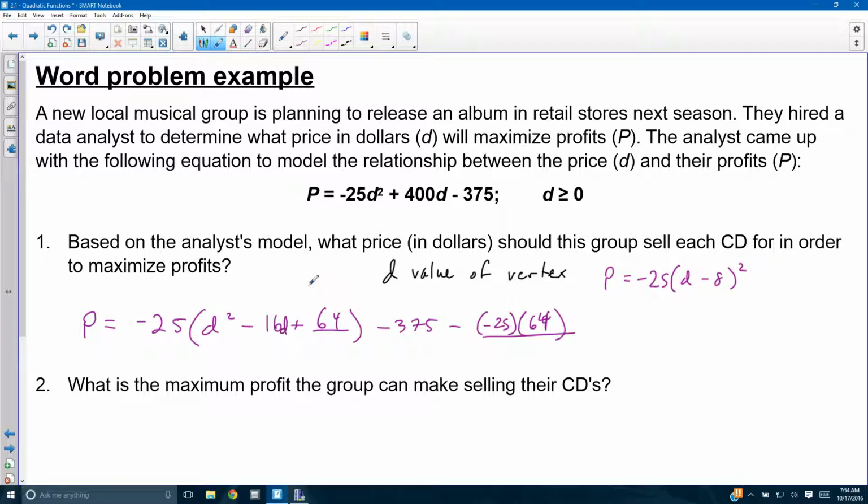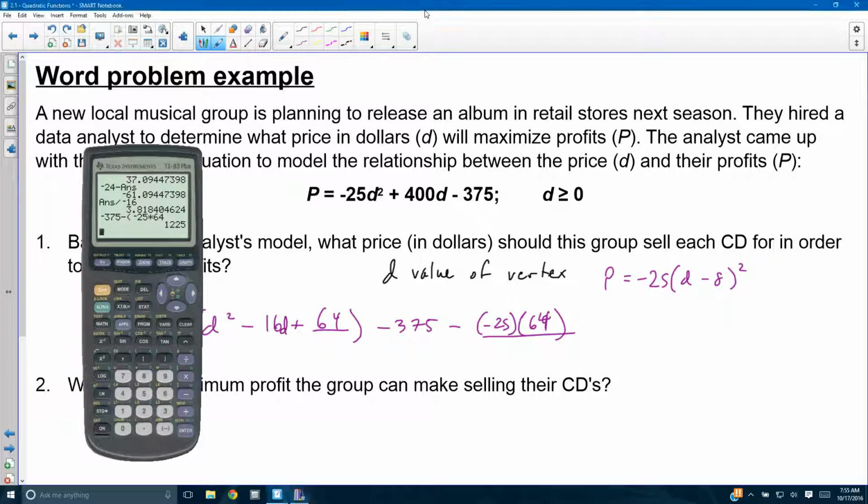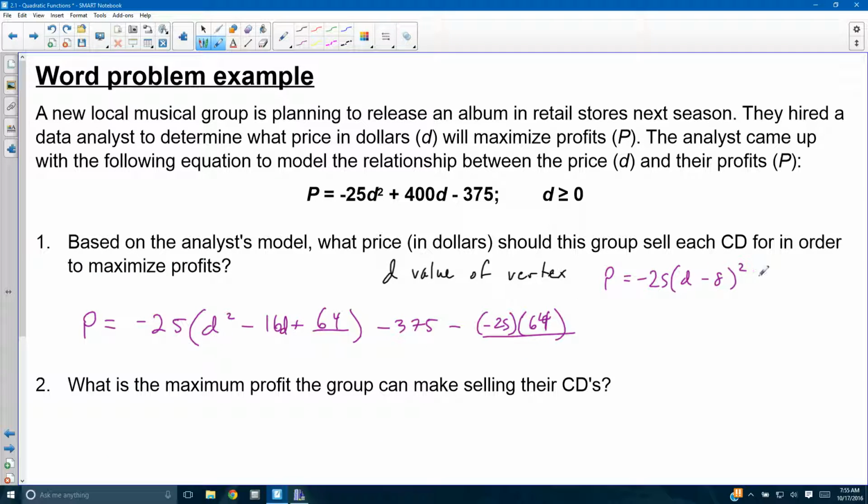Let's calculate this one out here to save some time. We get negative 375 minus negative 25 times 64, which is 1,225. So plus 1,225. Yes sir, this is vertex form.